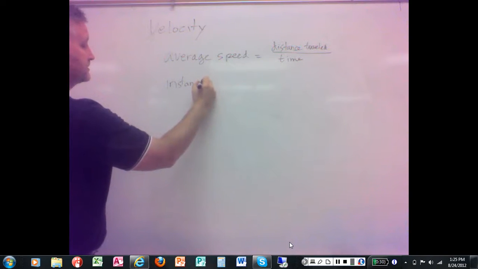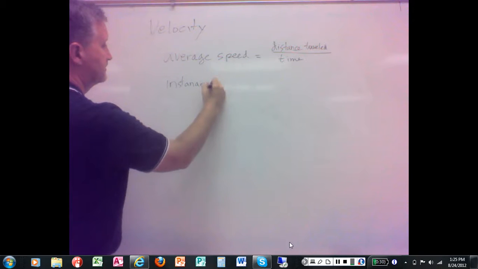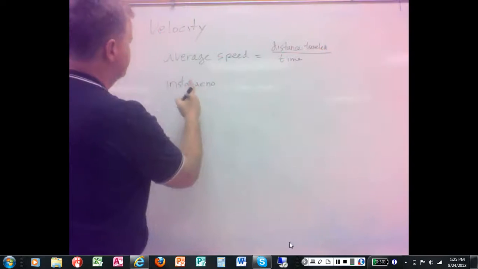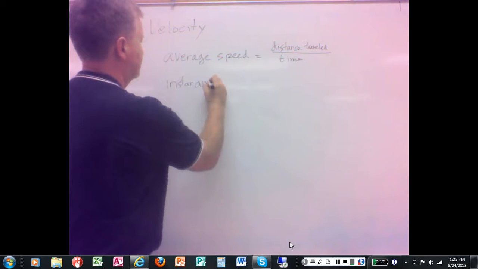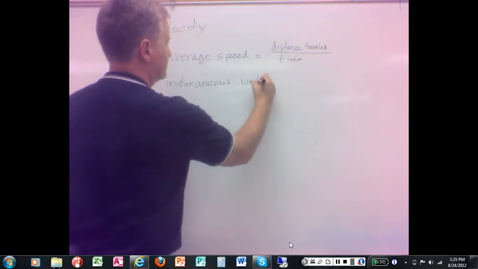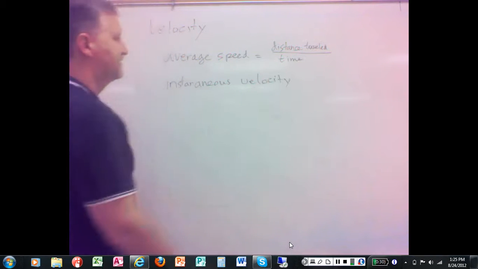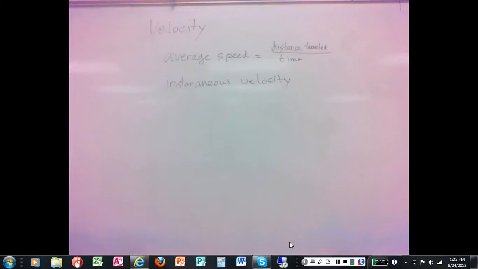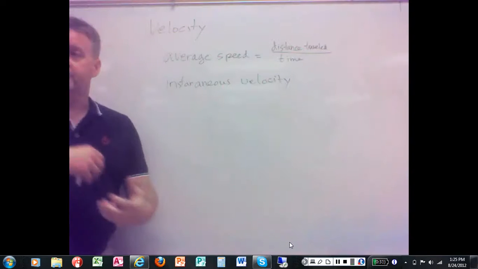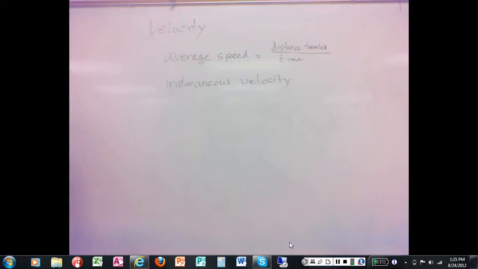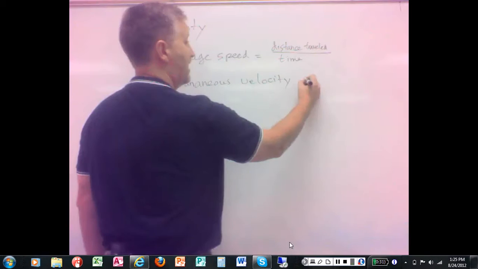And just as the name suggests, that's the velocity at any particular instant, at time 1, at time 2, because all this gives you is an average speed, an average from this time to this time. We want to be able to find the instantaneous velocity at a particular time.